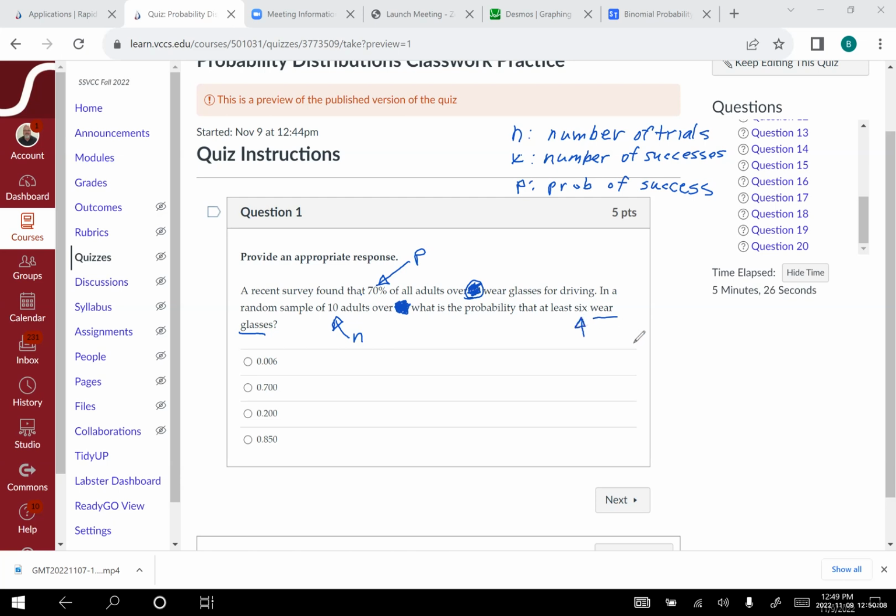Now, 6 is the X here, the number of successes, the number that actually wear glasses. But we also have to keep in mind that it says at least 6.